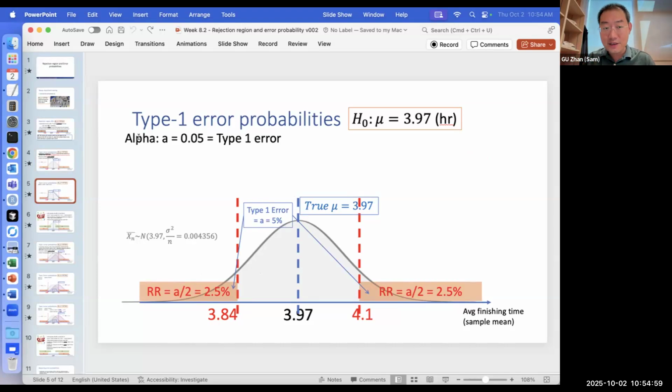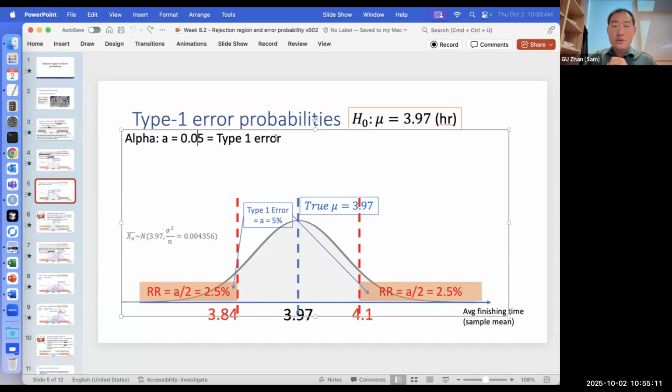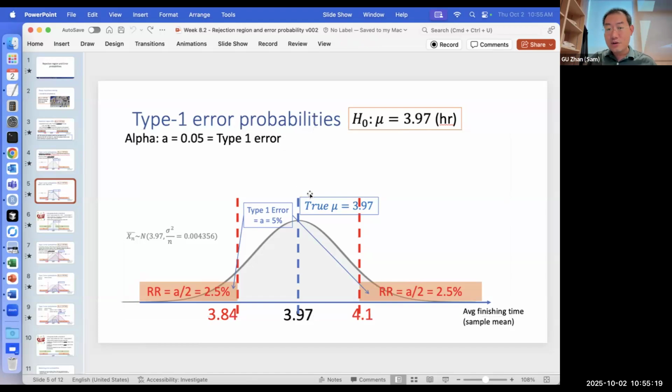Alpha is the significance level, right? It's 1 minus your confidence level, and our confidence level is 1 minus the alpha significance level. So 0.05 is what you define in the very beginning, and once you define 0.05, this will actually be your type 1 error.